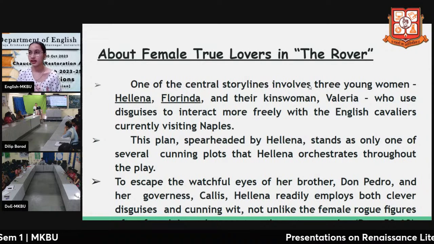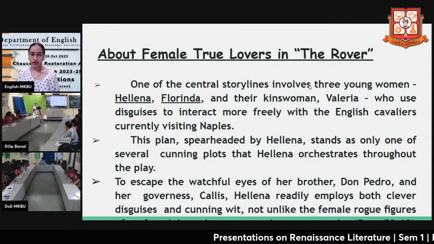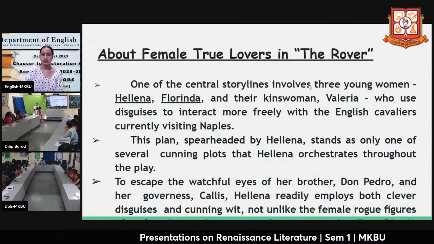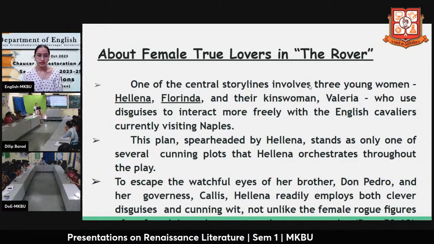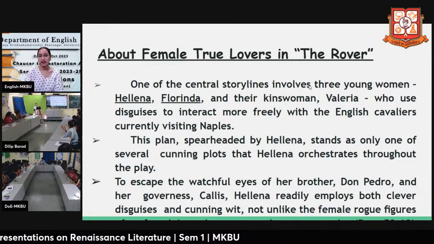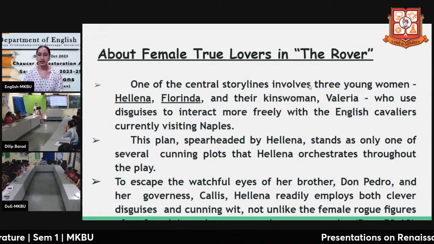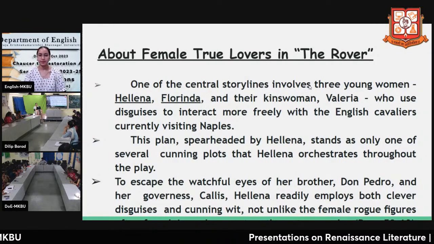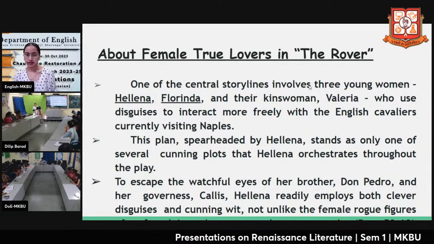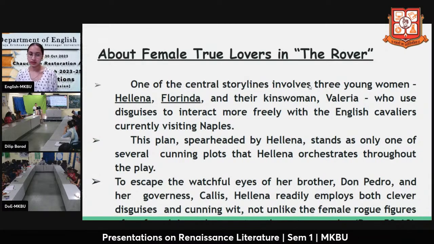The English cavaliers are Willmore, Blunt, and Belleville. This plan, spearheaded by Hellena, is only one of several cunning plots that Hellena orchestrates throughout the play. We also notice that Hellena disguises herself as a gypsy girl.